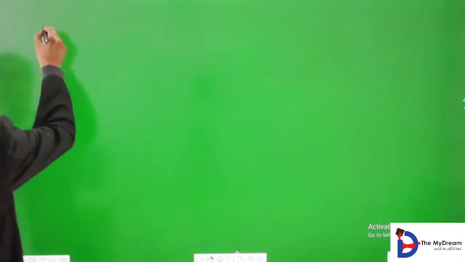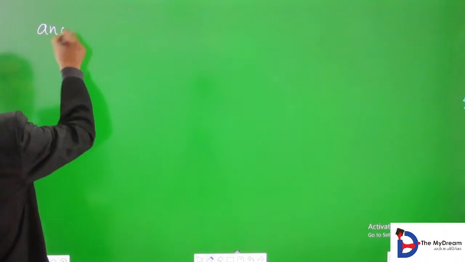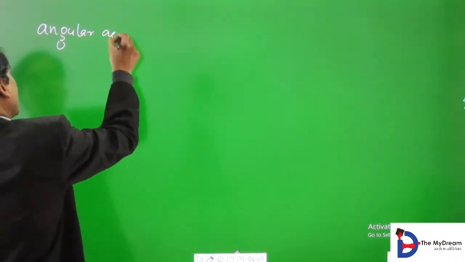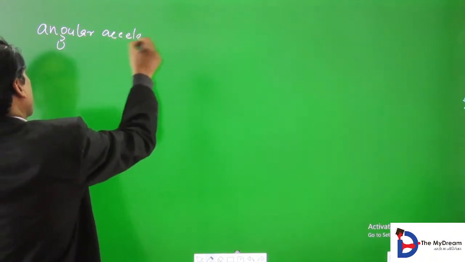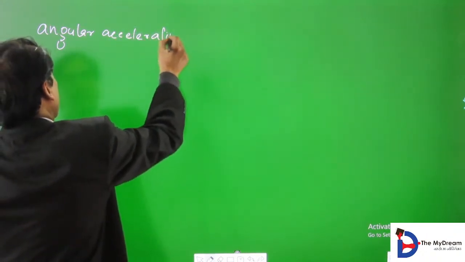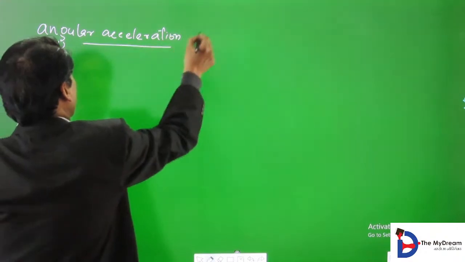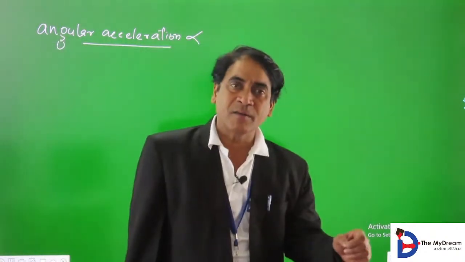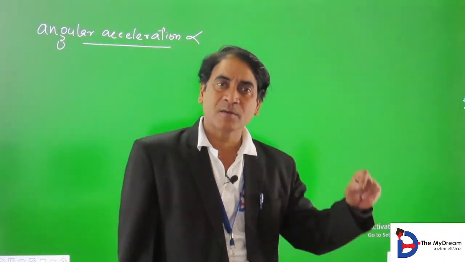Now we are talking about angular acceleration, which is represented by alpha. As you know, the rate of change in velocity is called acceleration, or linear acceleration.